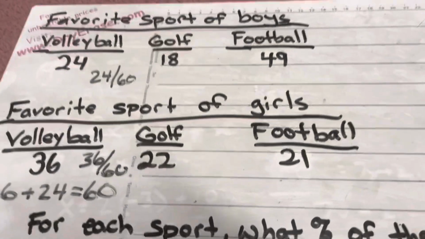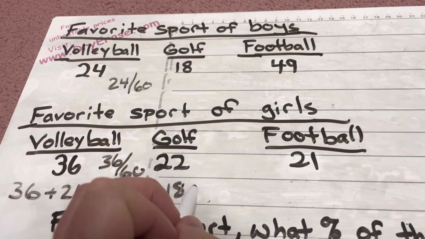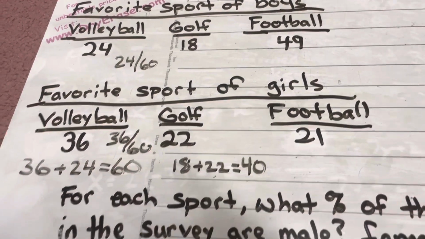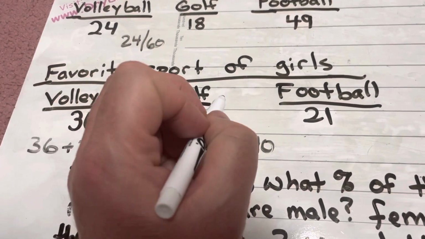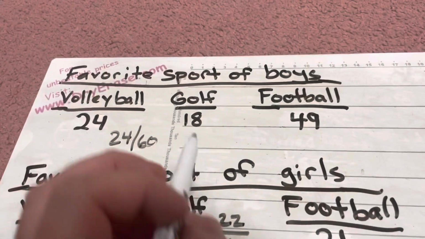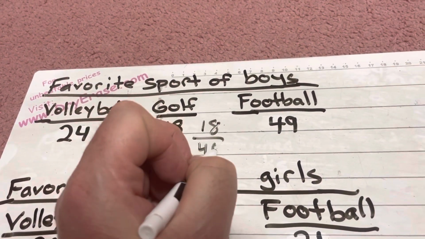Then I go to golf: 18 boys selected golf, plus 22. 18 plus 22 equals 40. So for golf, we're going to have 22 out of 40 for the girls, and for the boys, 18 out of 40.